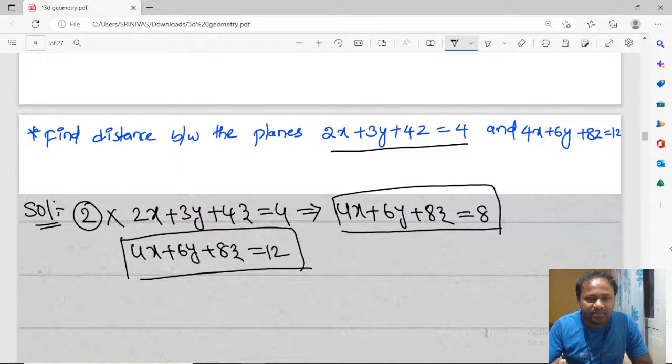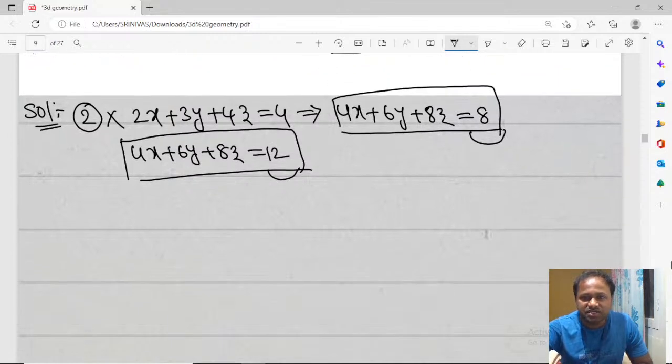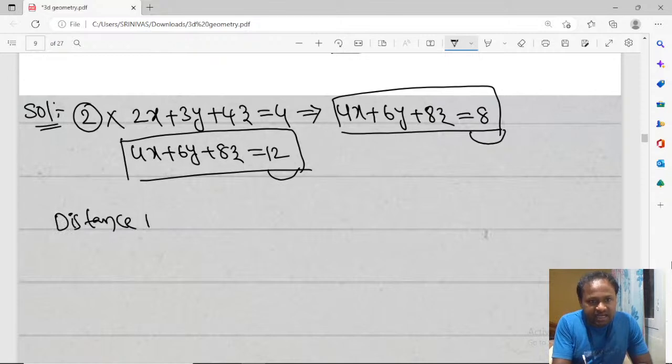Okay? Parallel means only the constant is different. Remaining total is same. So, I will substitute in the formula. What is the distance between parallel planes?